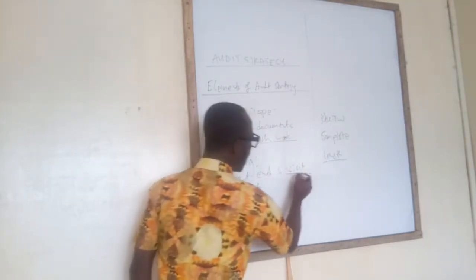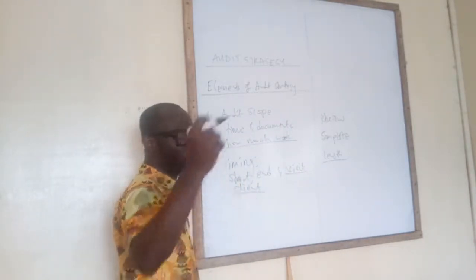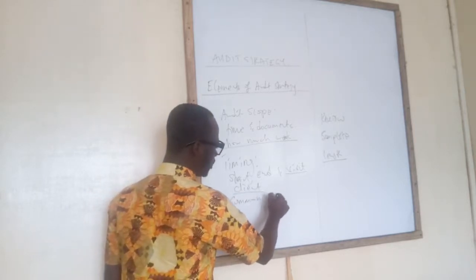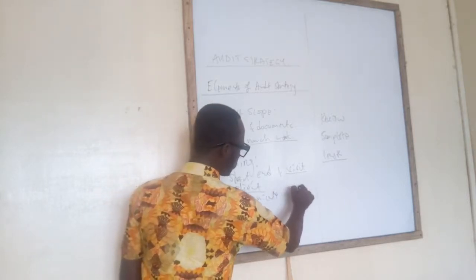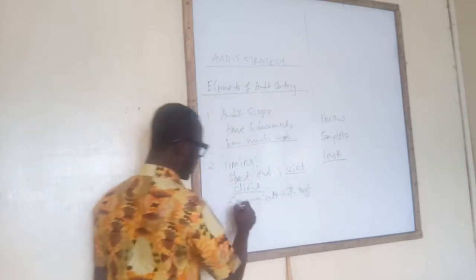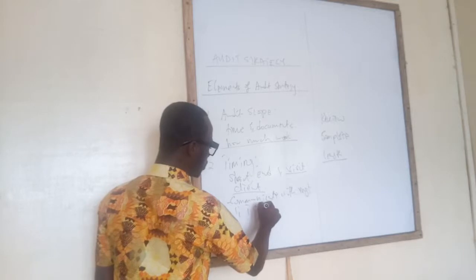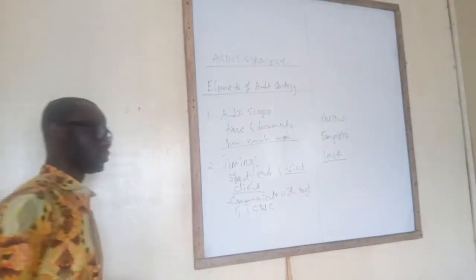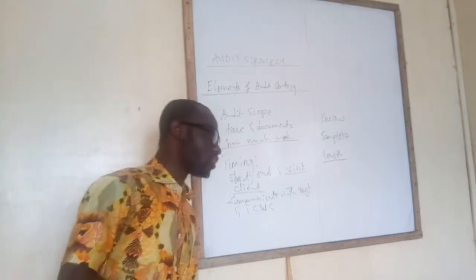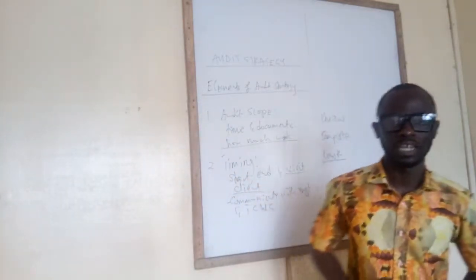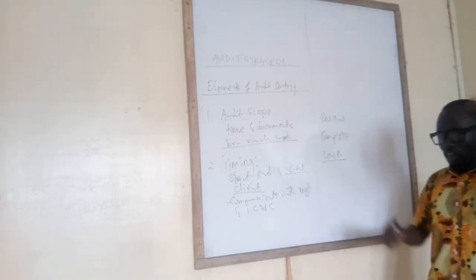Now the idea about when to visit is because we have to communicate with management and those charged with governance. Those charged with governance has to do with the various departmental heads, divisional heads, all those guys.